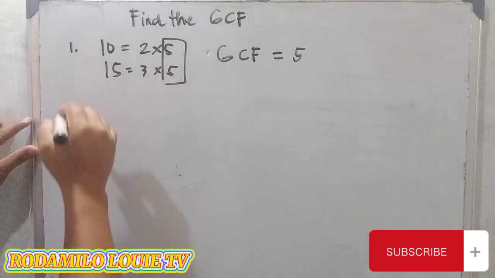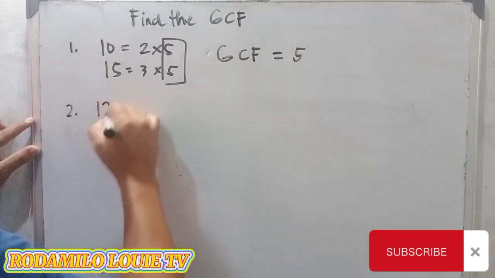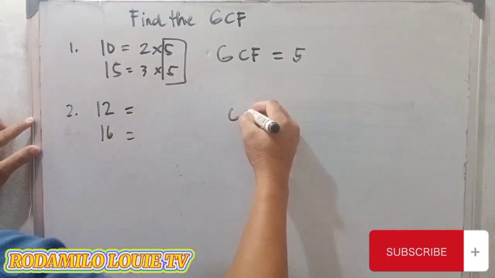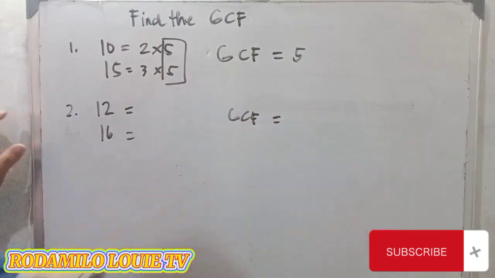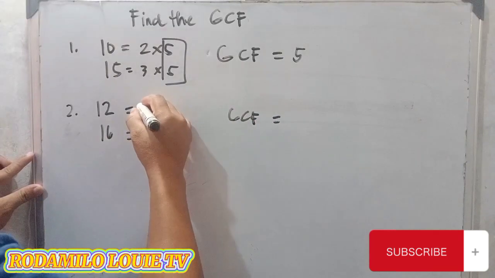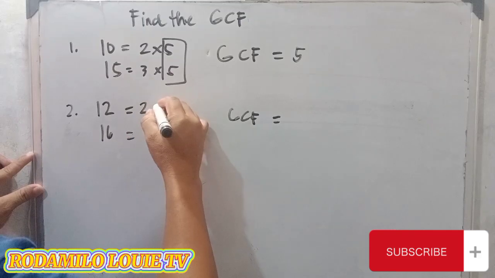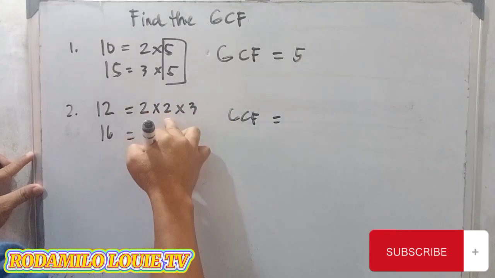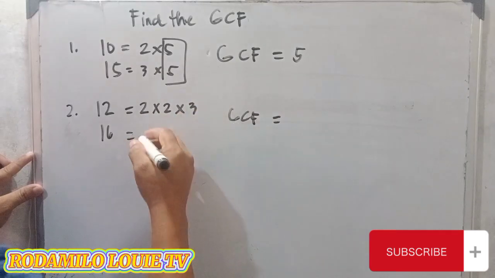Next is number 2, 12 and 16. GCF niya. So gamit ta ang prime factorization. 2 times 2 times 3. 2 times 2, 4, times 3 is 12.